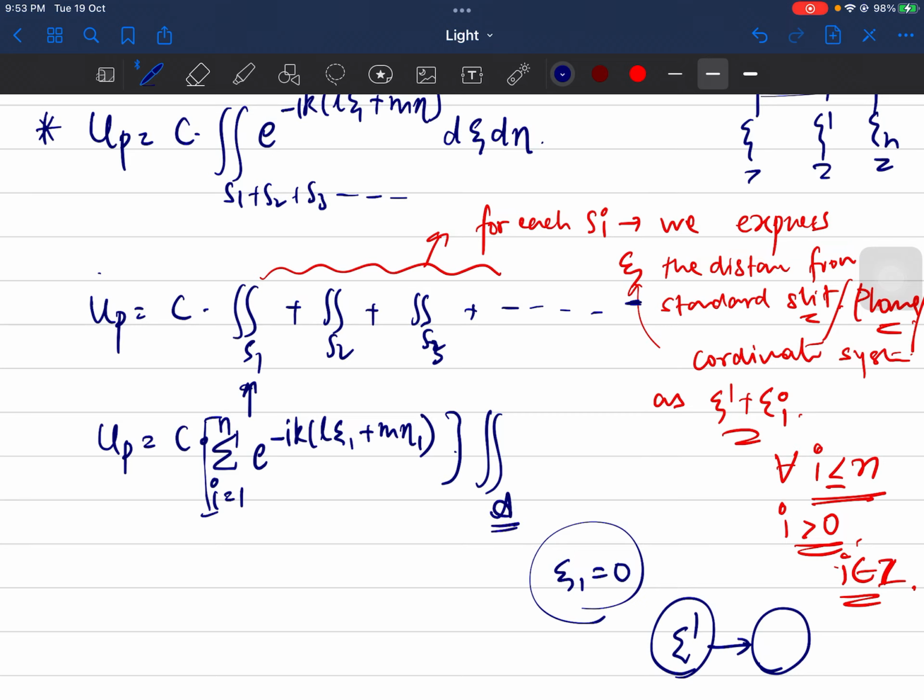So through an aperture, a general aperture characteristic, we write this.